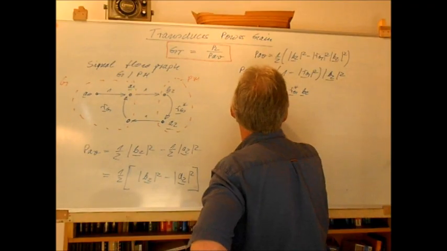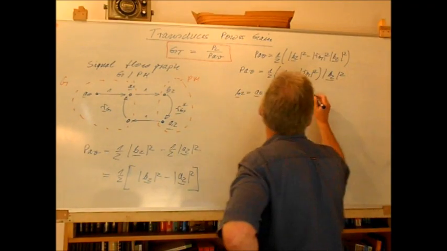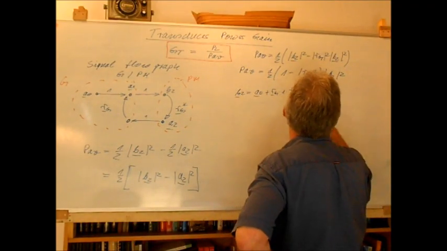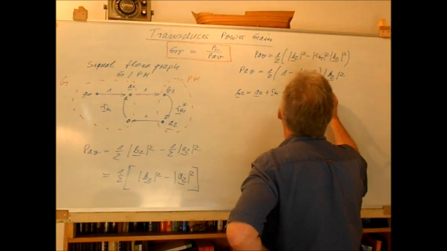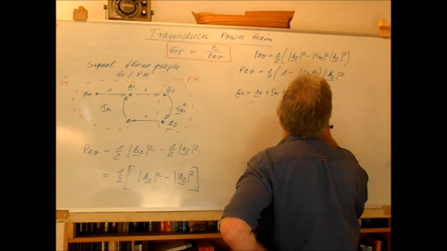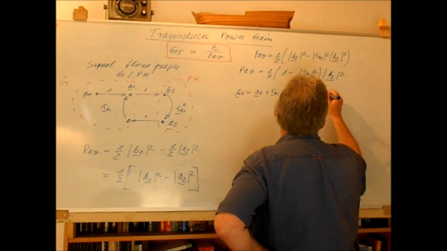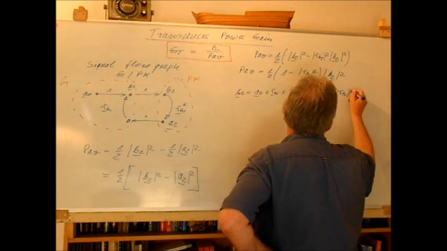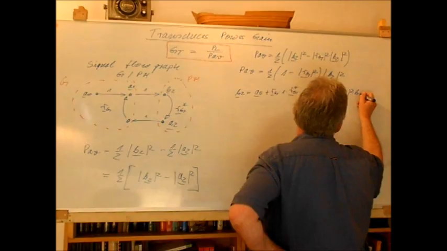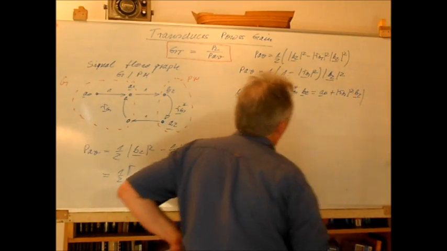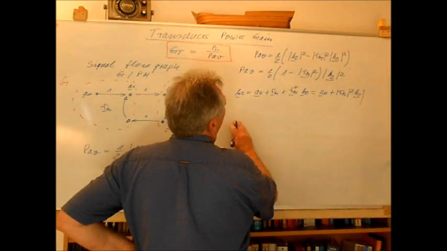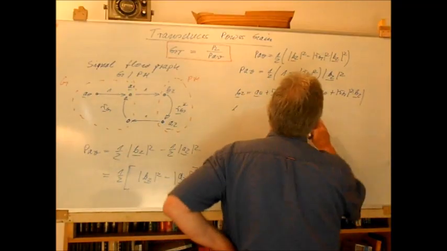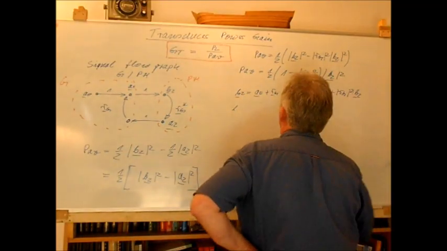So I'll write it here, A naught plus RG conjugate complex times B2, which can be solved for B2.